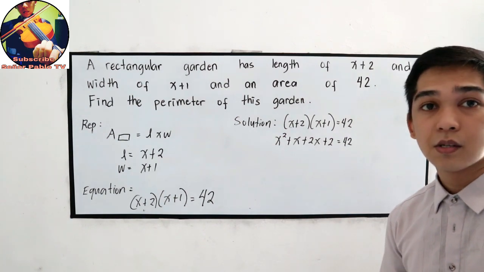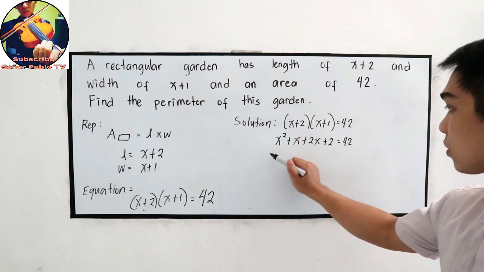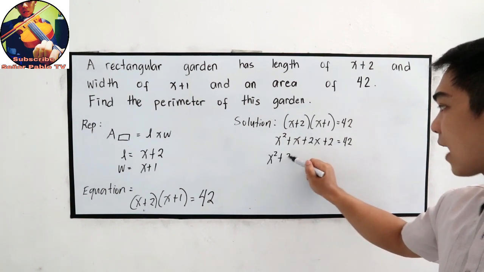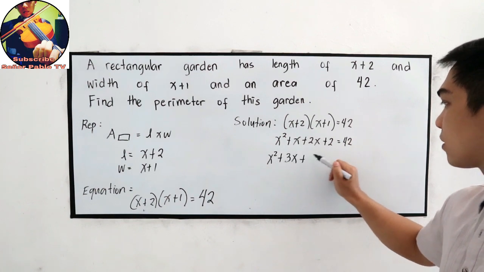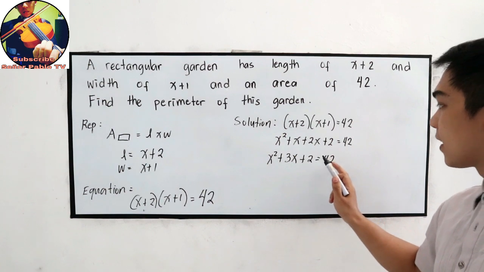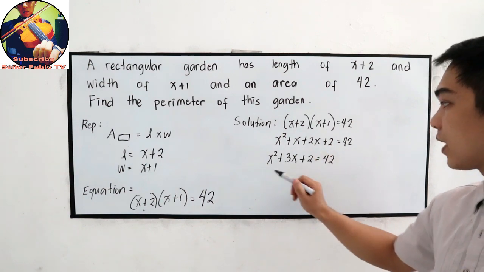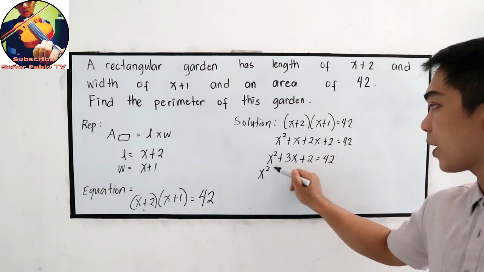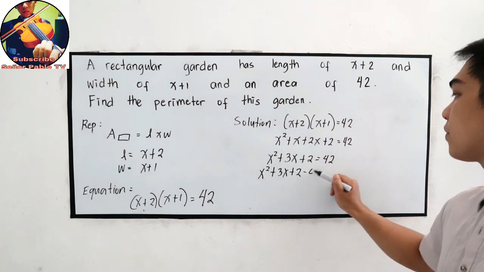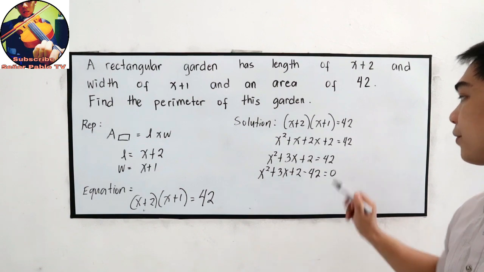Combine like terms. So we have x squared plus x plus 2x, that is 3x, plus 2 is equal to 42. Let us transpose 42 to the left side. So we have x squared plus 3x plus 2 minus 42 is equal to 0.